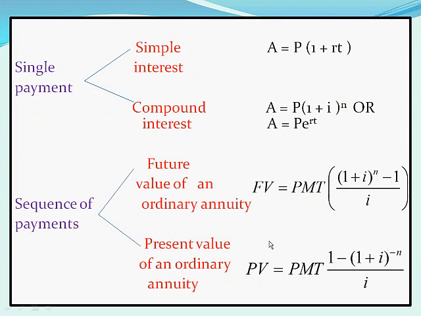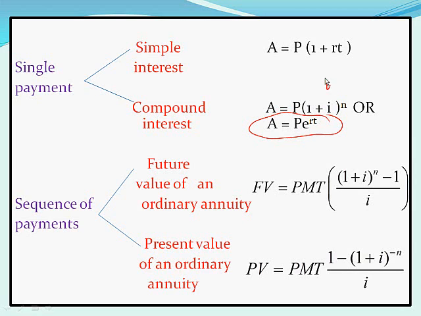These are the formulas that we used in this section. Single payment, simple interest: the future value will be A equals P times (1 plus rt). The compound interest formula will be A equals P multiplied by (1 plus i) to the power n, or if it is continuous compounding, we will use the formula P times e to the power rt.